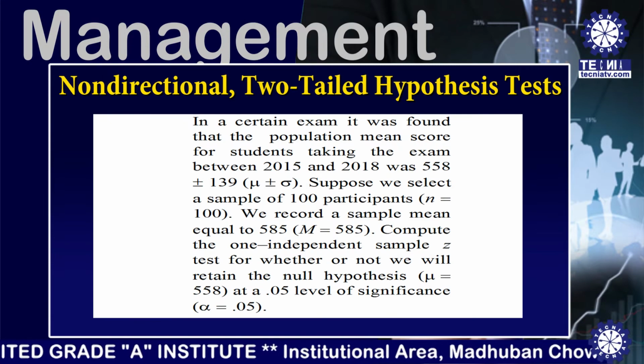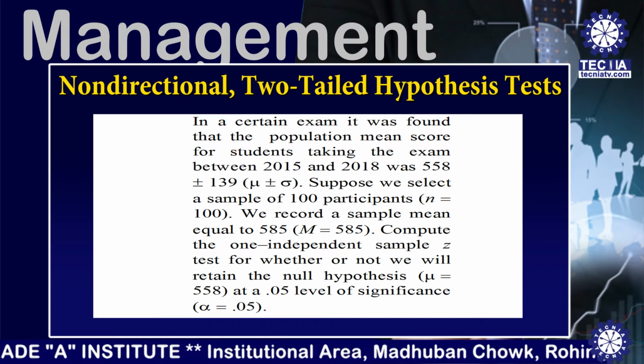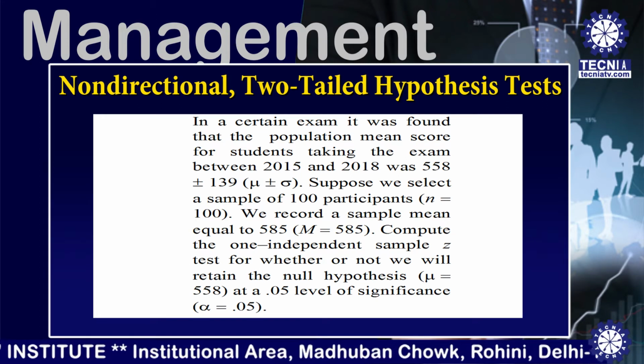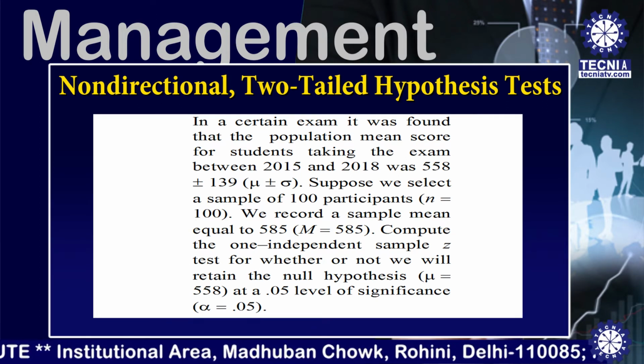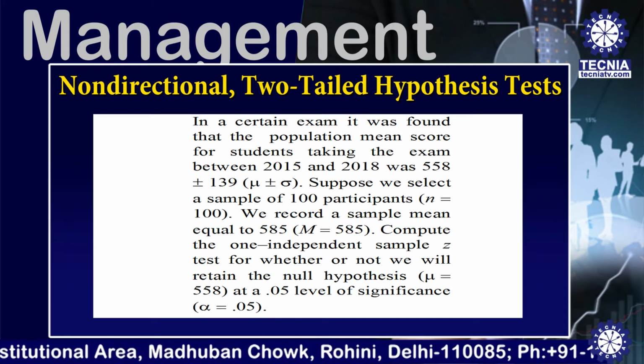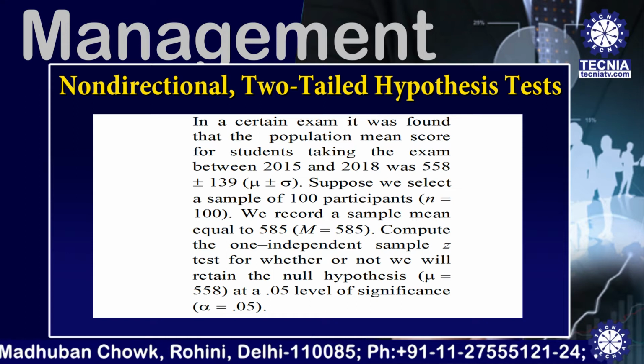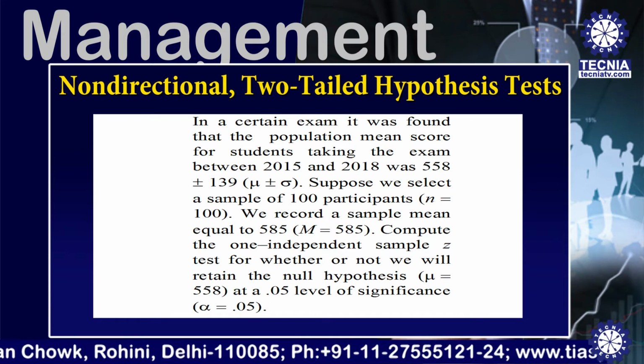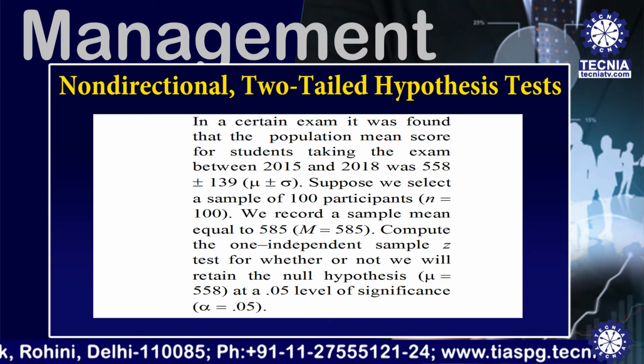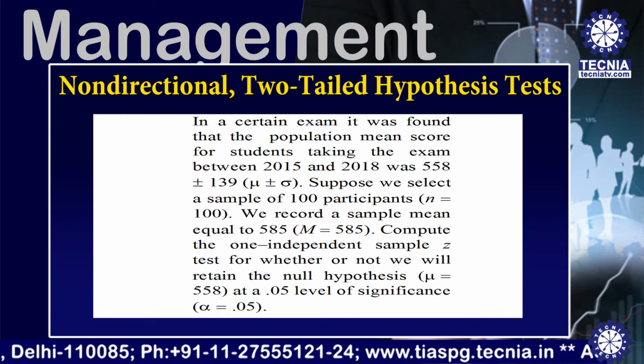In a certain exam, it was found that the population mean score for students taking the exam between 2015 and 2018 was 558 plus or minus 139, that is mu not equal to sigma.